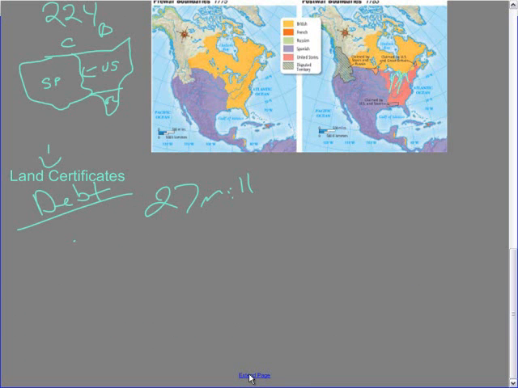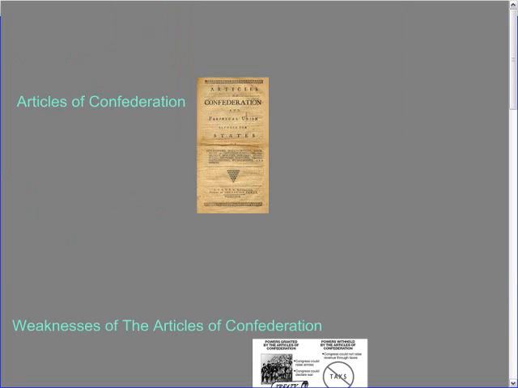And with that, we leave Unit 4 and we start up with Unit 5, talking about how we form our new government. The first thing on the Americans' mind is that they do not want a government in which there can be any abuse of power by a king or by the central government, and that's their main concern.